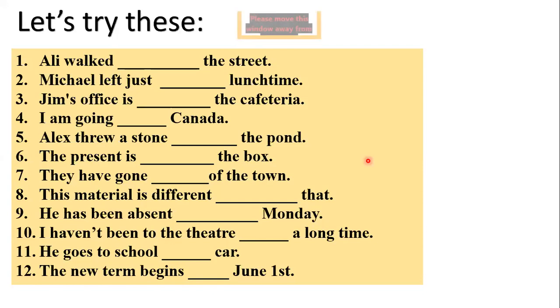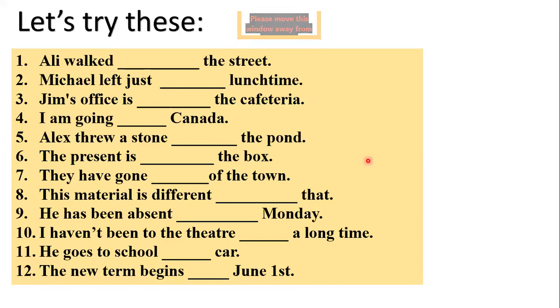Although you have answered it correctly, I want Ishal to answer. Where are you, Ishal? Across the pond. How can it be across the pond, beta? Alex threw a stone across the pond. It's going to be in. Alex threw a stone in the pond, okay?